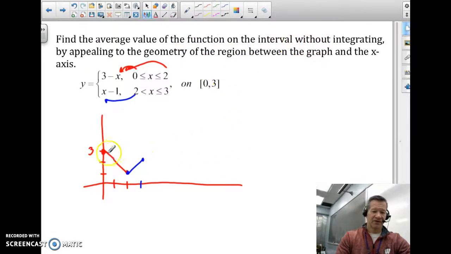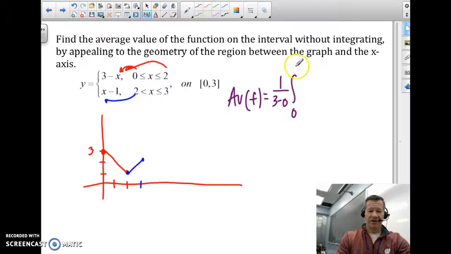What's the average value? Well, you can see it started at a value of 3, went down to 1, then back up to 2. So somewhere between 1 and 3 is going to be our average value. Now, it says to appeal to the geometry. First, let's set up the average value equation: 1 over 3 minus 0, because it's from a to b, times the integral from 0 to 3 of the function y with respect to x.